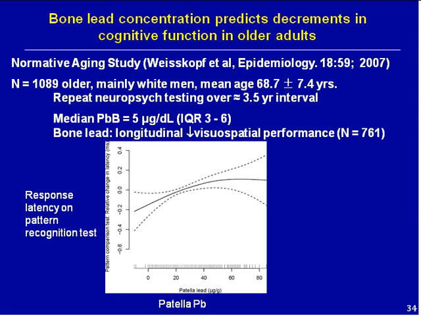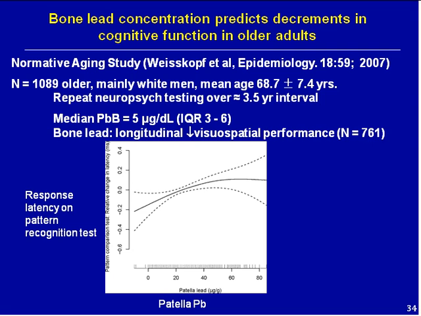The Normative Aging Study, again, has proven to be a very rich source of data on the impacts of lead. In this study, they looked at the impact of bone lead on neuropsychiatric testing in approximately 1,000 individuals who had a median blood lead of only 5 micrograms per deciliter at the time of study.